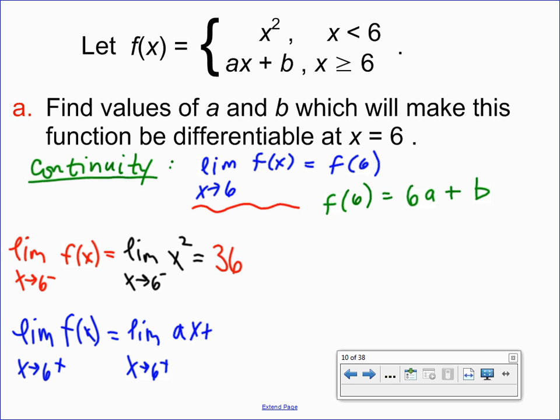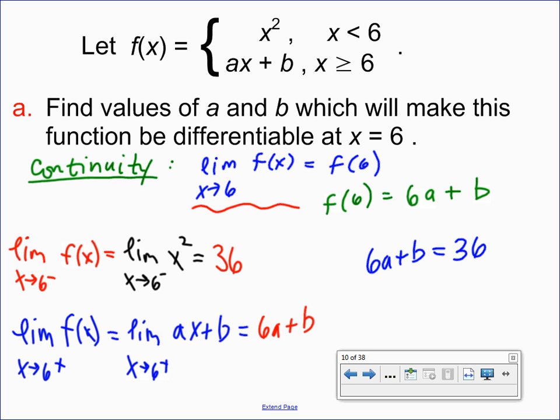So ax plus b equals 6a plus b. All right. So for continuity, we see that my overall limit, 6a plus b, must equal 36 for the overall limit to exist, and that in turn would equal 6a plus b. So we need 6a plus b to equal 36.